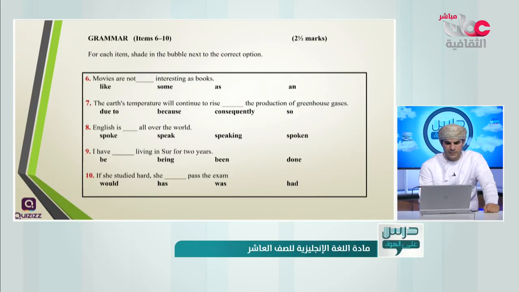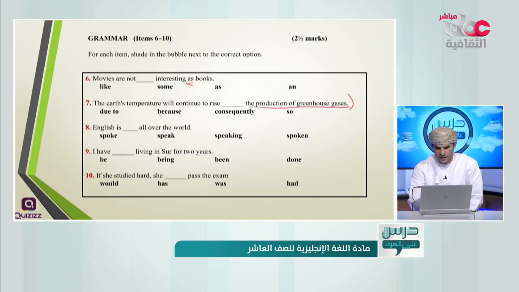Movies are not as interesting as books. You learned it before. The Earth's temperature will continue to rise. The production of greenhouse gases. This is a noun. Okay? Noun. So before a noun, what do we use? So, consequently, because or due to.